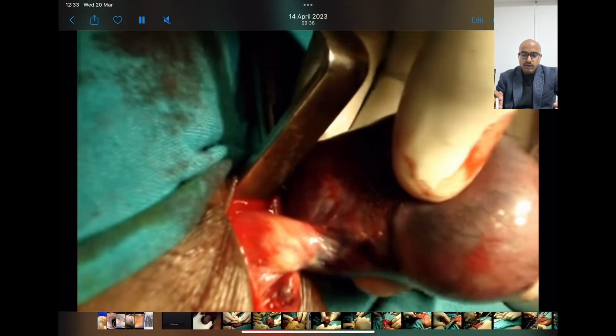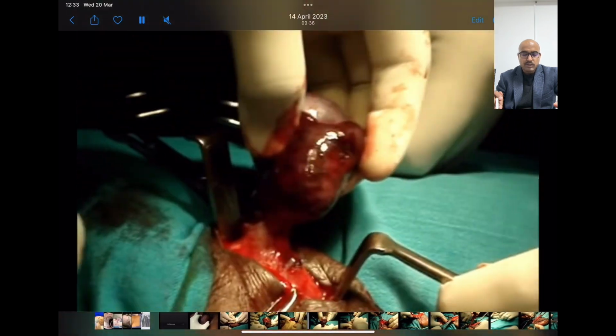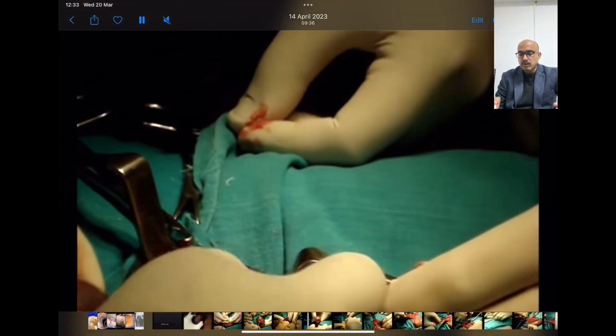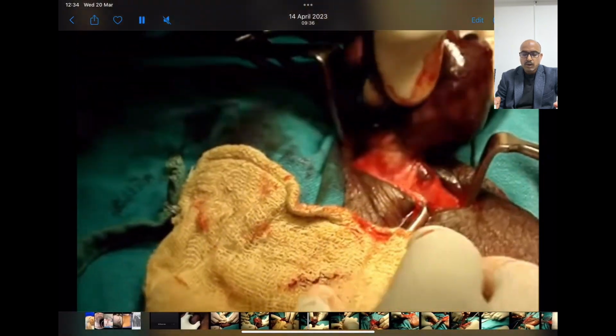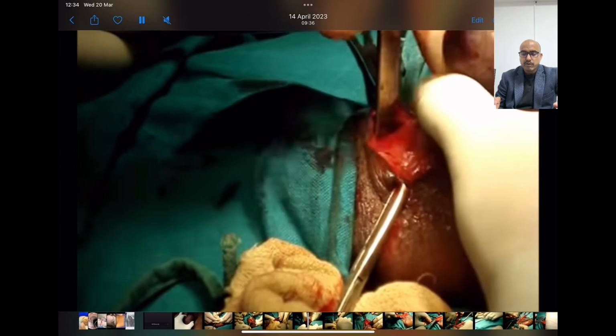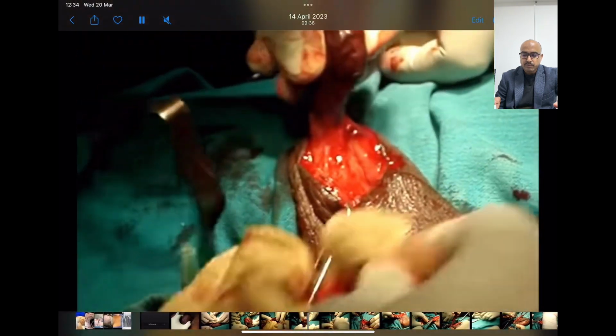Okay, there's a twisting there, so untwist it, and then we have to remove this testis. Okay, it's not easy to untwist because it's already a few days old, so you have to dissect the spermatic cord and then make it free and untwist and see and decide.